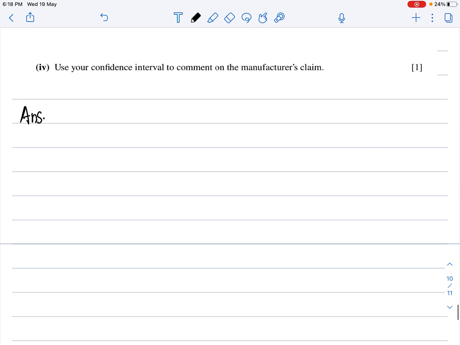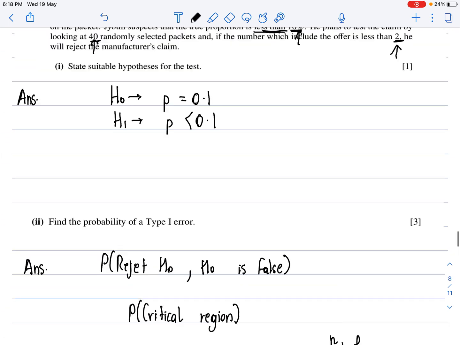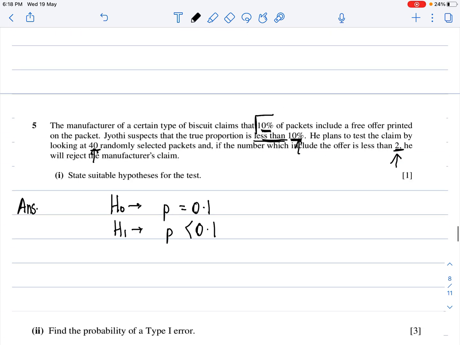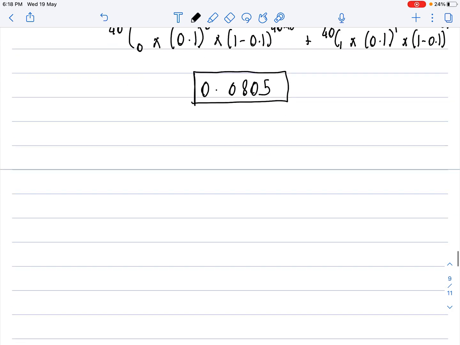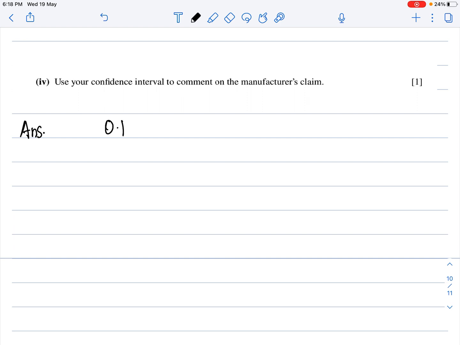Now, use your confidence interval to comment on the manufacturer's claim. The manufacturer claimed that 10% of the packets include a free offer. So 10% is basically 0.1.